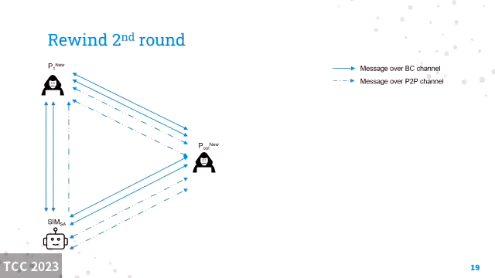Here is the simulator we want to use. This is the simulator against corrupted party one and corrupted party out. The simulator will have some interaction with the adversary. At some point, he says, well, I want to rewind the second round. I send a new second round message to party one.